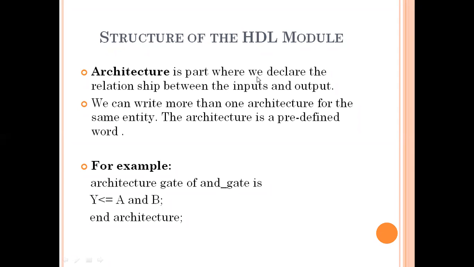So architecture is the part where we declare the relationship between the inputs and outputs. We can write more than one architecture for the same entity. If you write one entity within that module, you can declare one or more architecture bodies associated with one entity.